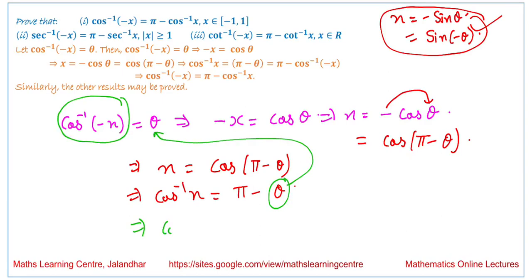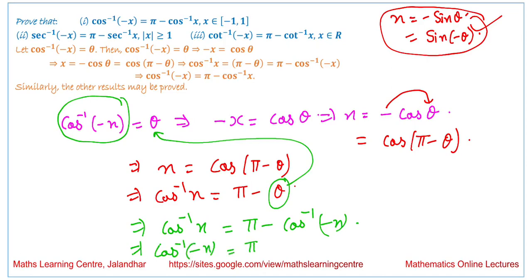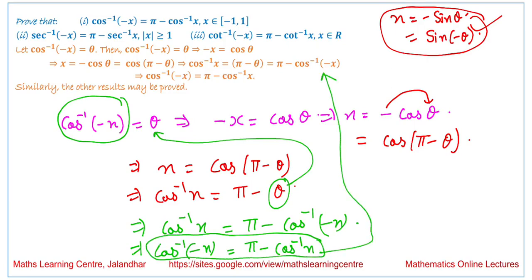So this implies that cos inverse of x is equal to pi minus cos inverse of minus x, or we can write this in the form that cos inverse of minus x is equal to pi minus cos inverse of x. Similarly, for other cases, when we are talking about secant inverse of minus x and cot inverse of minus x, we obtain the results in this form.